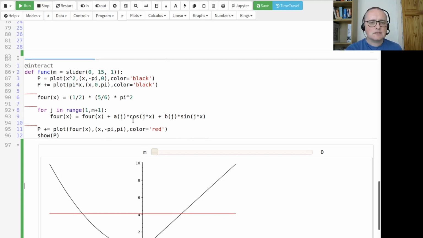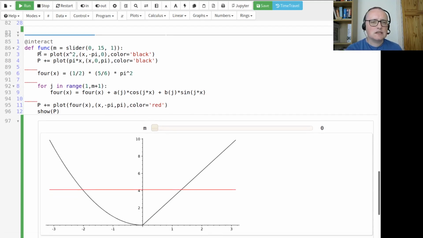So what this interactive widget does is it generates the plot. This black function here is our original function f, using similar plotting commands as we had before. And then the loop here, when the value of m is reset, calculates the partial sum Fourier approximation to the function f. I've stored that in this symbolic function called FOUR, short for Fourier.